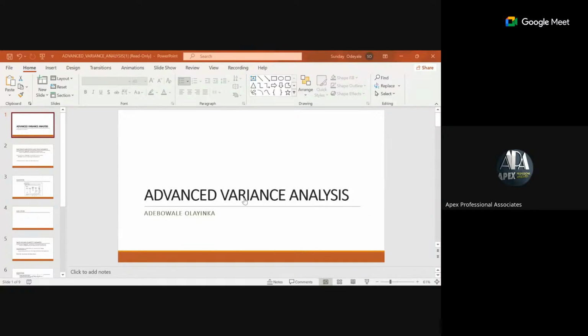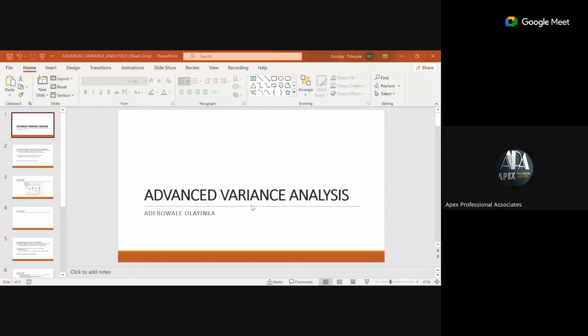Now, if you notice, there was a question we solved where we had various types of material: material A, material B, material C. When you come across something like that, ideally, you are expected to use advanced variance.